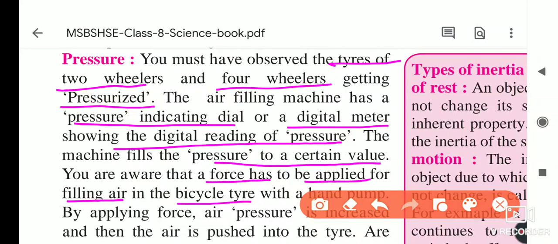With the hand pump, by applying force, air pressure is increased, and then the air is pushed into the tire.